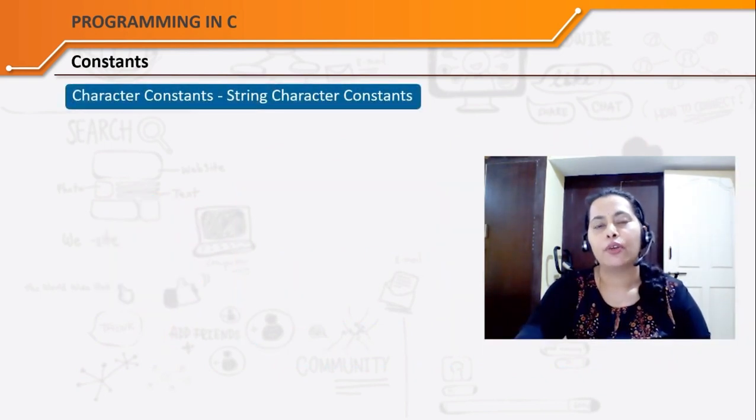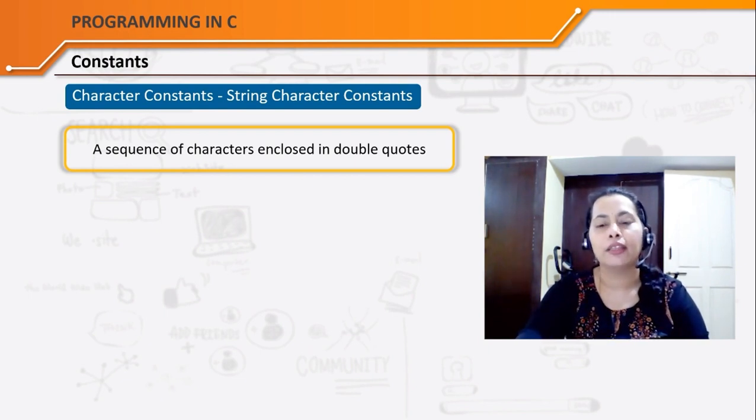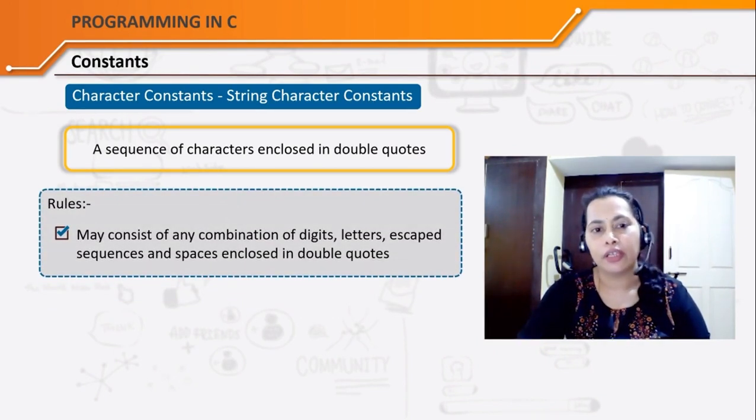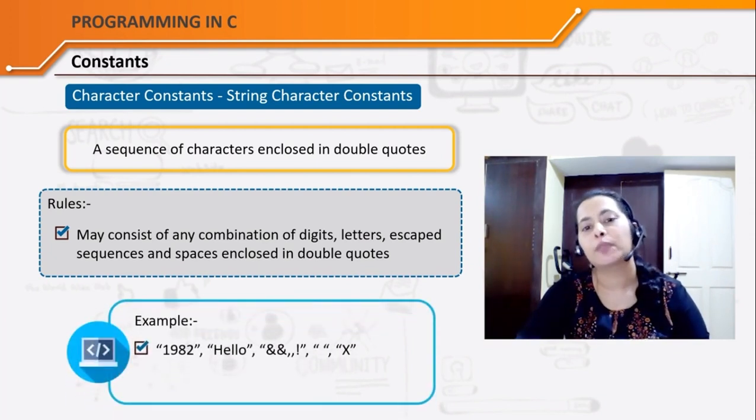String character constants are sequences of characters which are enclosed within double quotation marks or double inverted commas. Now the characters here may be a string of letters or numbers or special characters or a combination of any of these. You can also have multiple blank spaces within the double quotation marks, which forms a string.